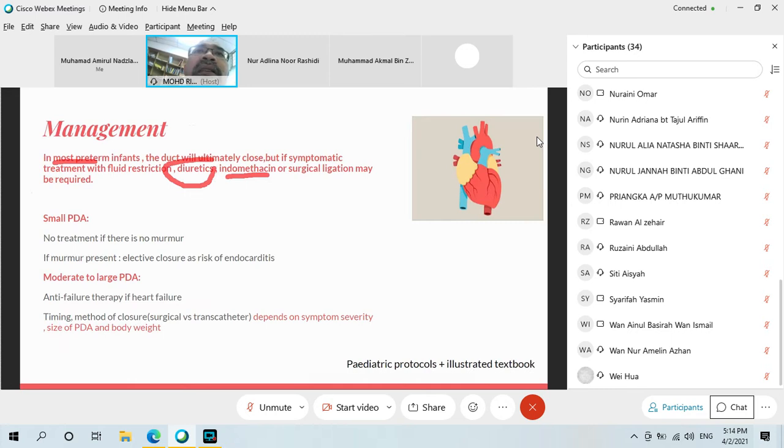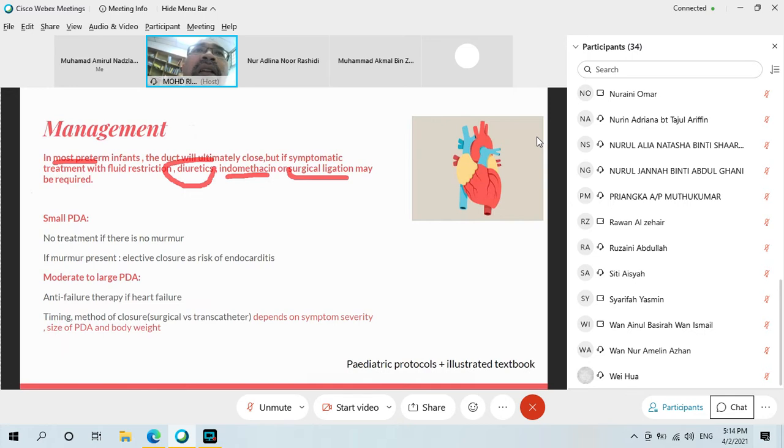Surgical ligation is done surgically, or we can use a device like an ASD or VSD device to do transcatheter closure. We can do that. Okay, that's the important thing.